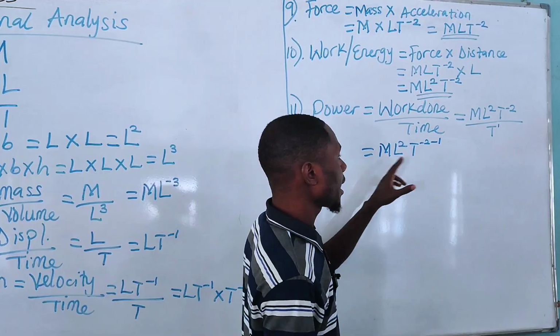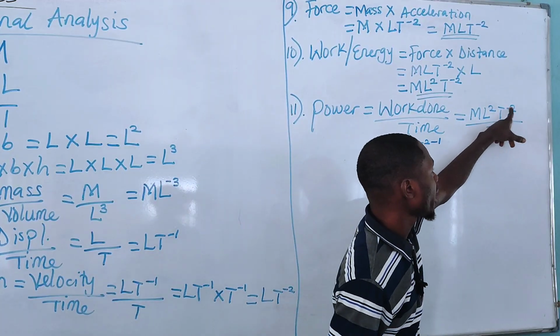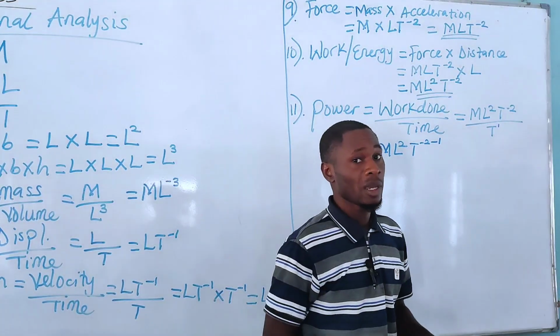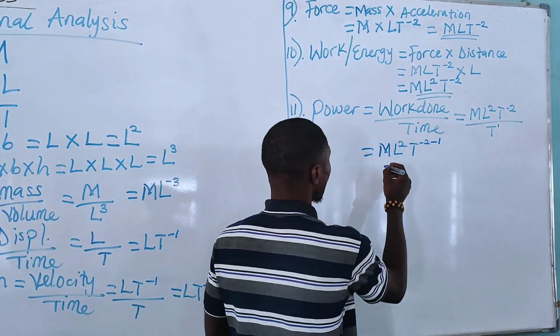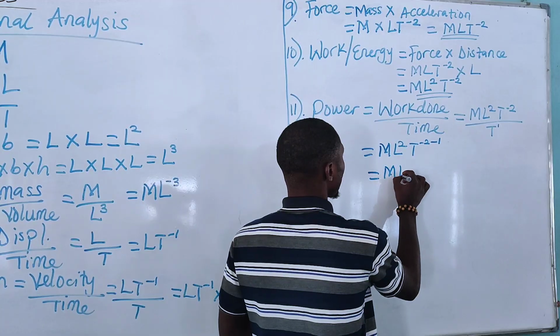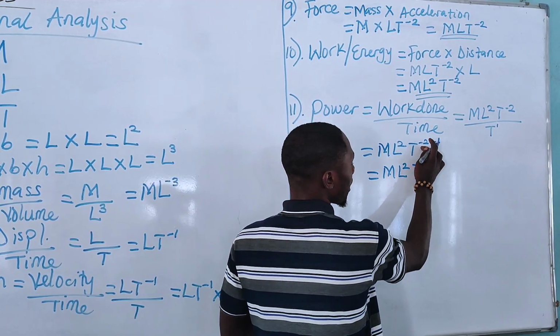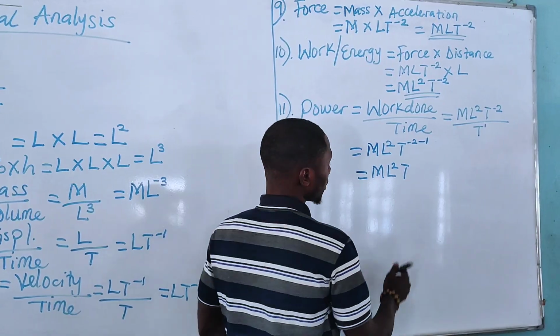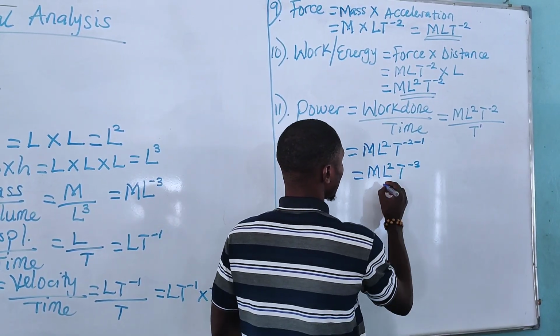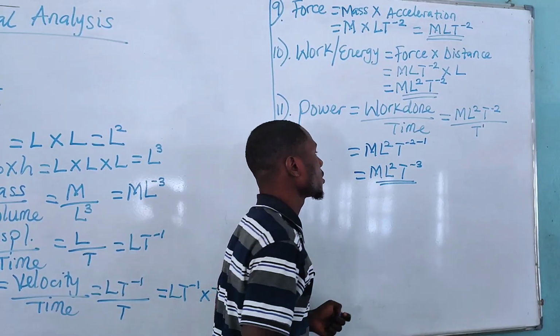So I can take it as M L squared, then T to the power of minus 2 minus 1. That will give us minus 3.